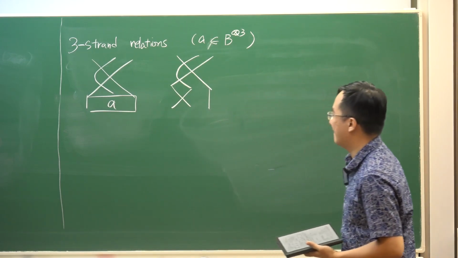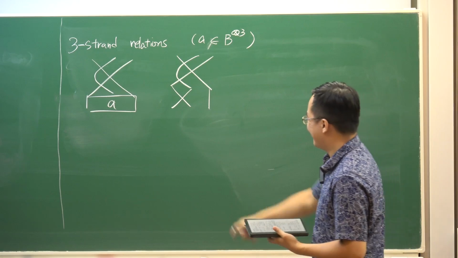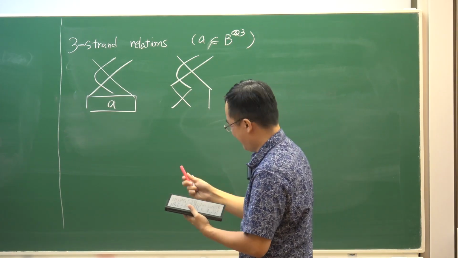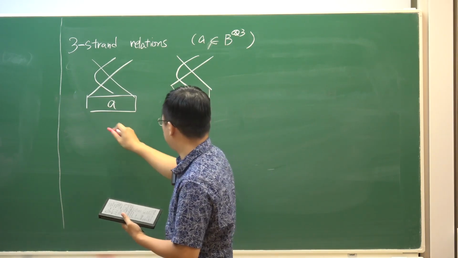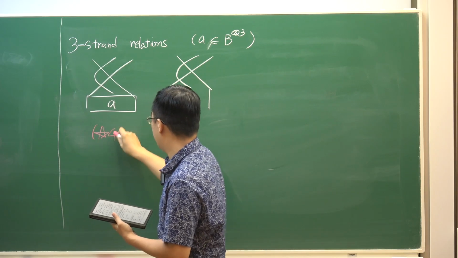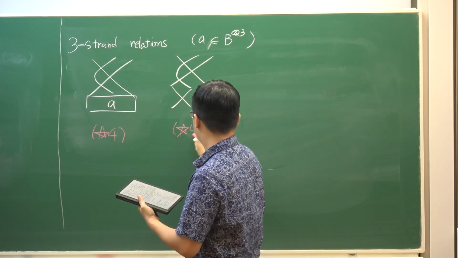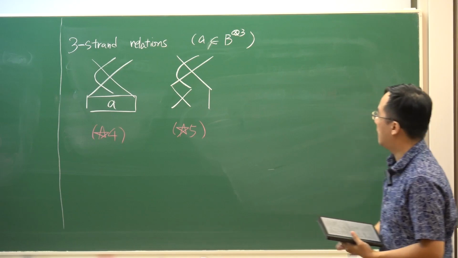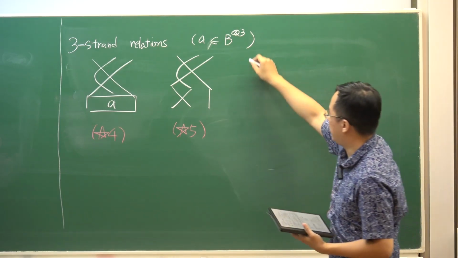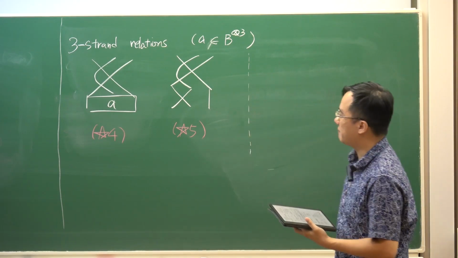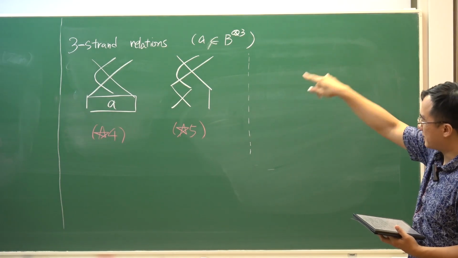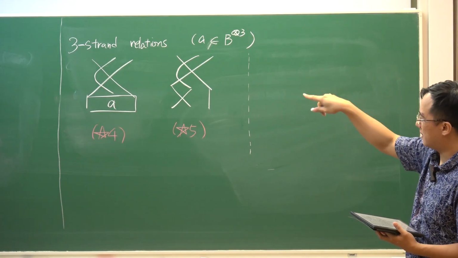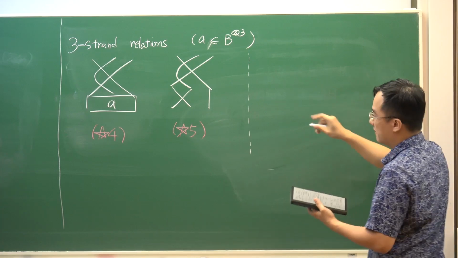I don't really want to write down, but there are a bunch of sets of equations here. Let me just call this star 4 and star 5. And, okay, I should really make a remark here. So I'm claiming there are more than this. They are actually something else.